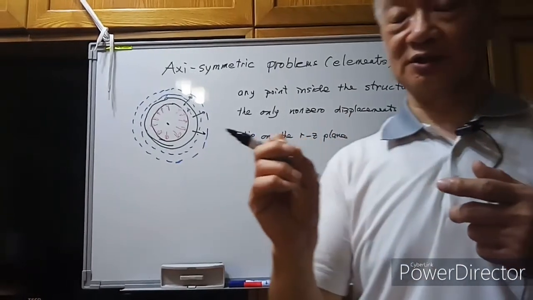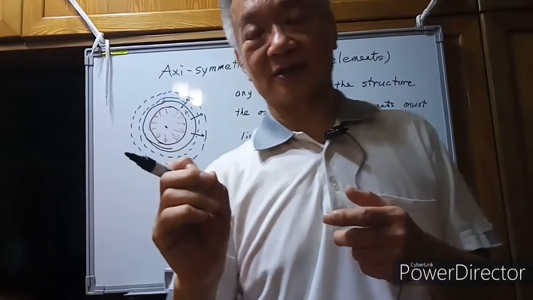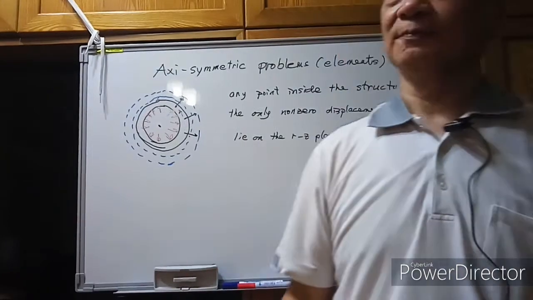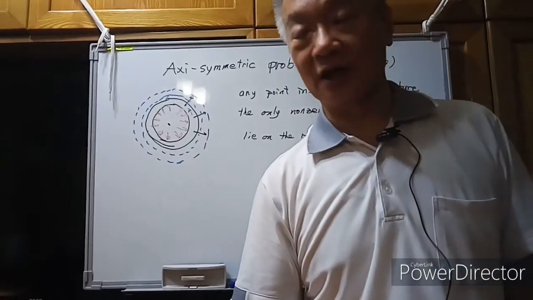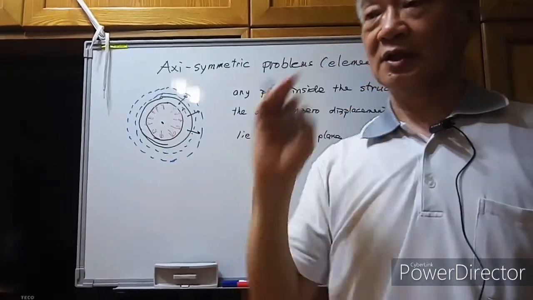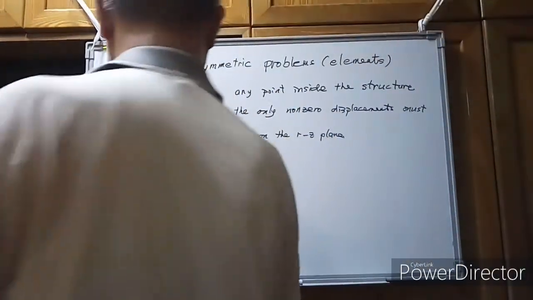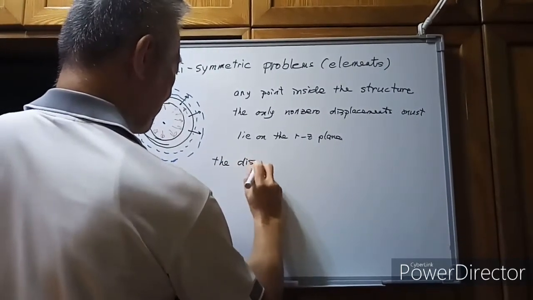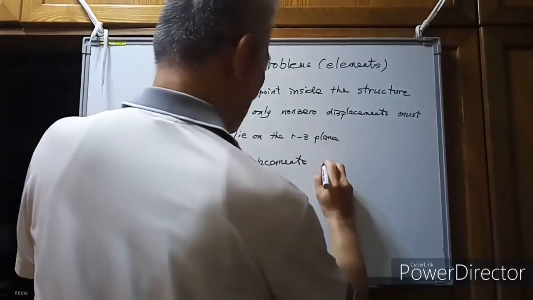For different points considered, we have the r theta axis, which is defined only for this point.